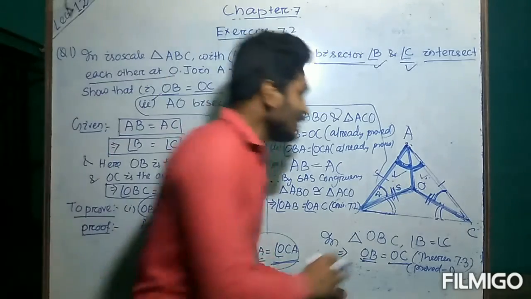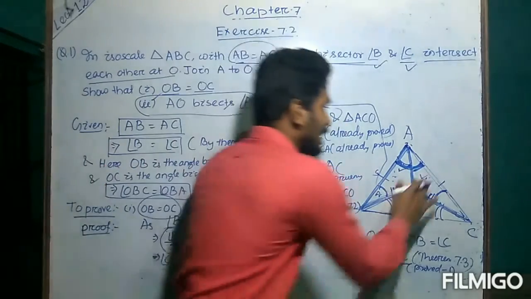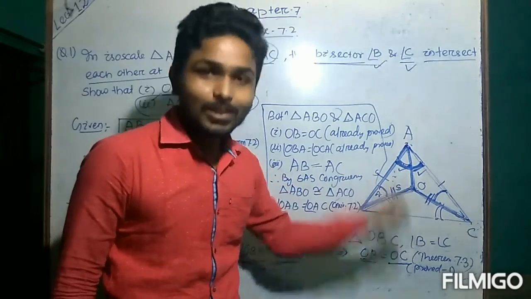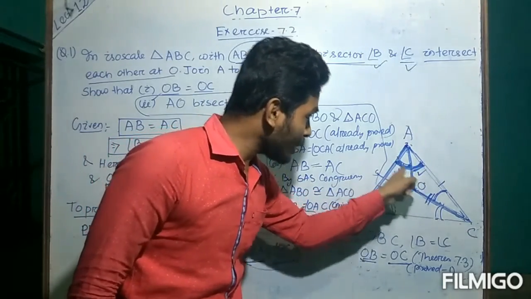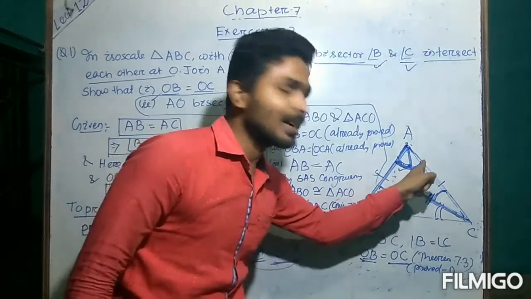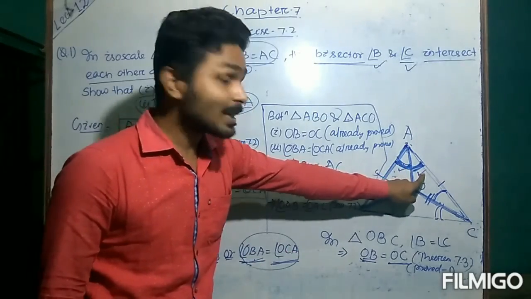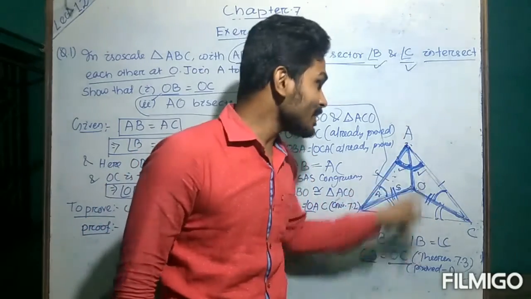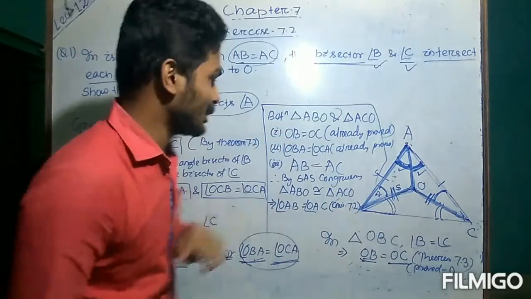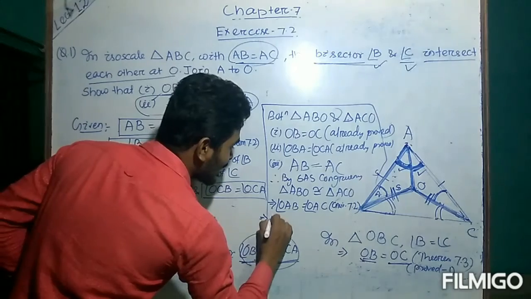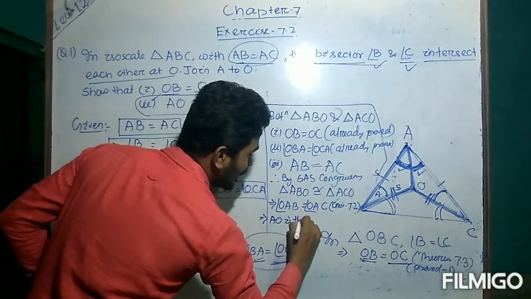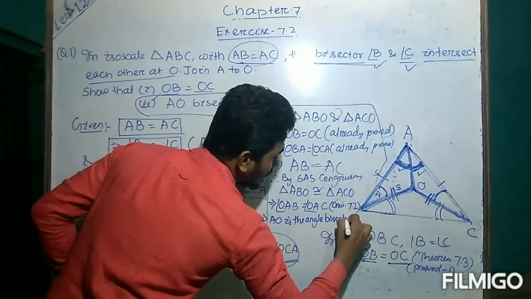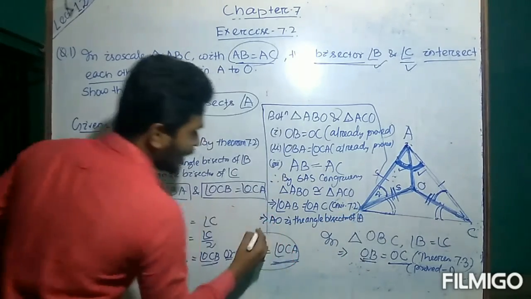What we have found? We have found that this angle is equal to this angle. It means what? These are two equal halves. It means this line OA bisects the total angle A. Since this angle is equal to this angle, it means this line OA bisects the total angle A. Or you can say AO is the angle bisector of A. Right?